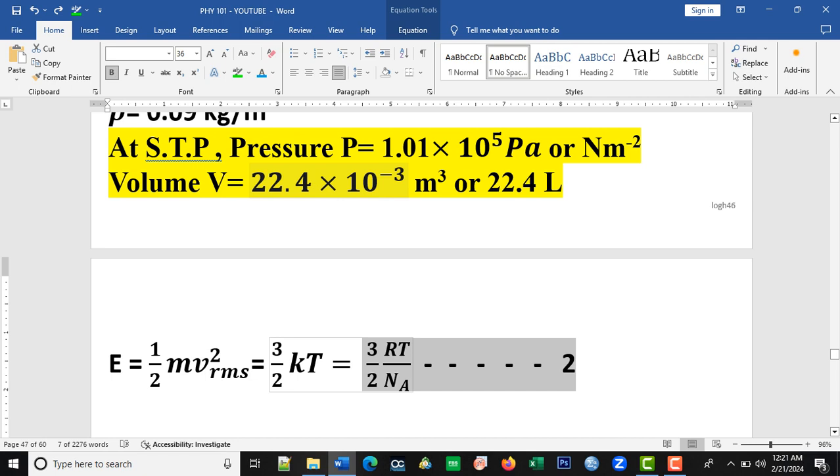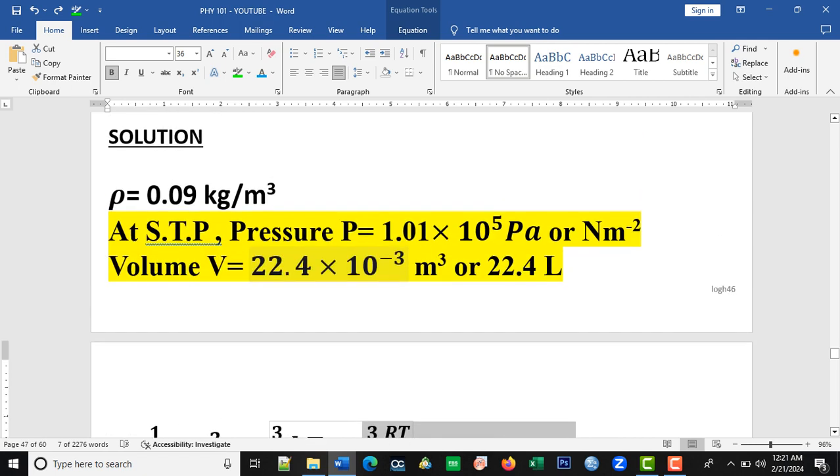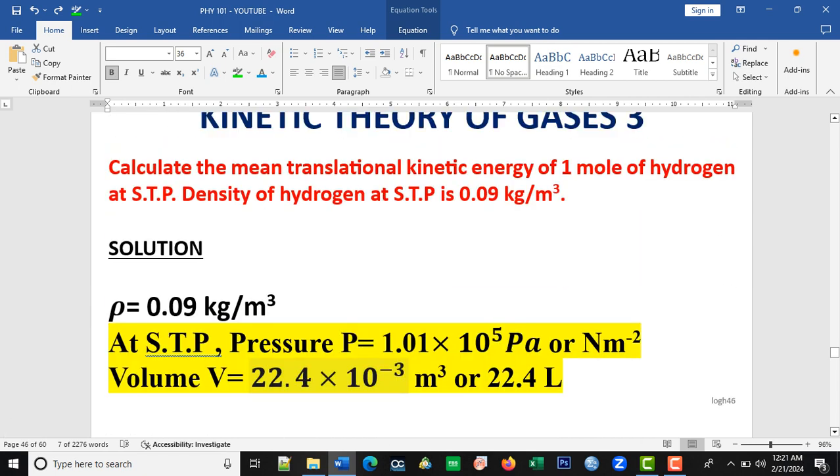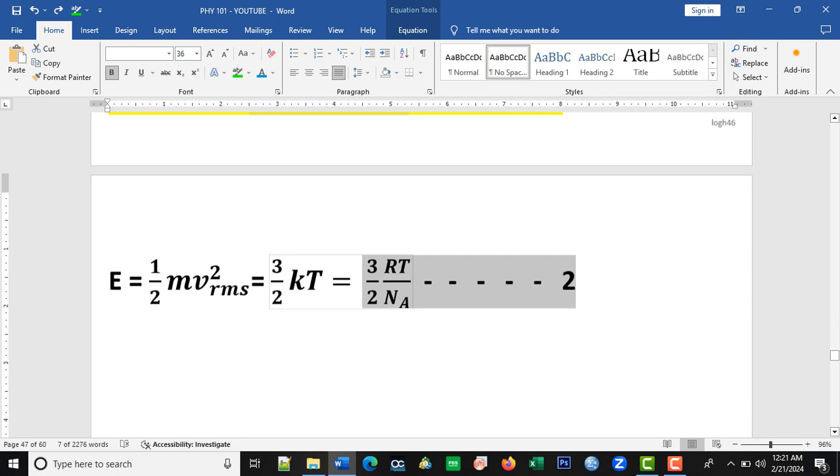Okay, so from these three expressions, we have to pick one that will enable us to solve the problem. But when we come back here, we see that from the question, we are being given density. And at STP, we will have density, pressure, and volume. As a student, you will come back and check the expression.